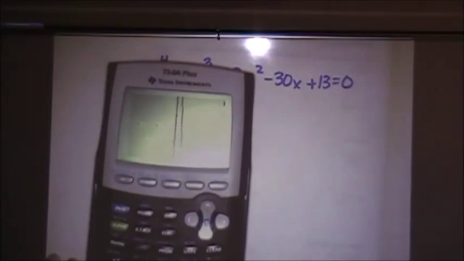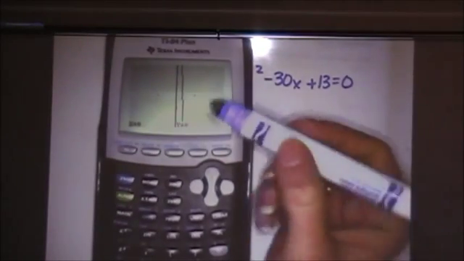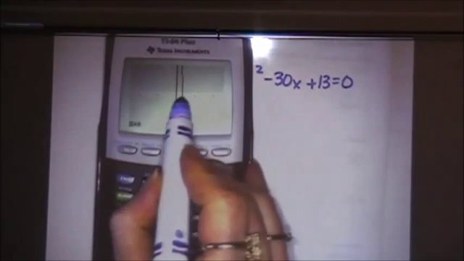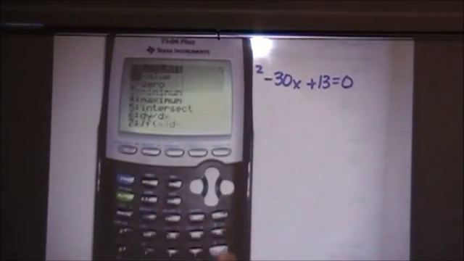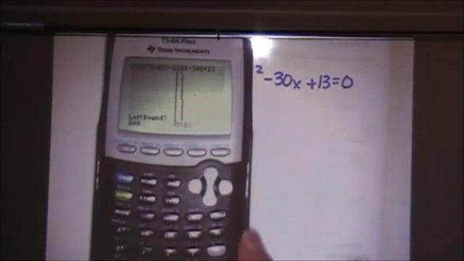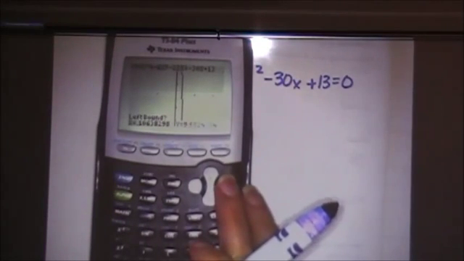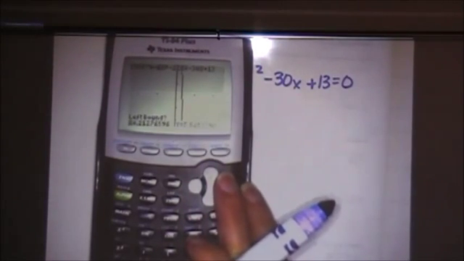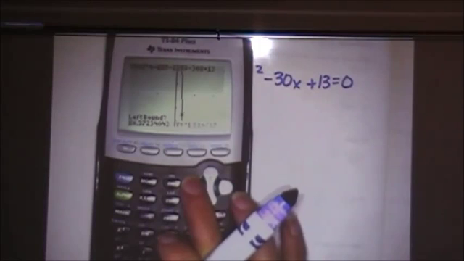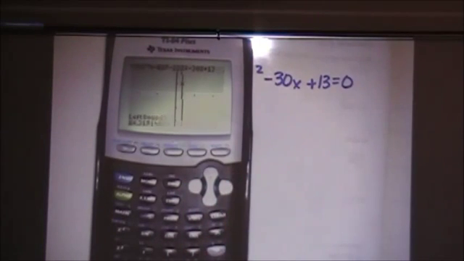All right, so I can see that it does pass through the x-axis. My calculator is burned out right here, but it's passing through right here. So I'm going to do a 2nd and a 0 to see if I can find it. Let's see where my cursor is. Oh, there it was. So I'm going to go to the left of it and then to the right of it.